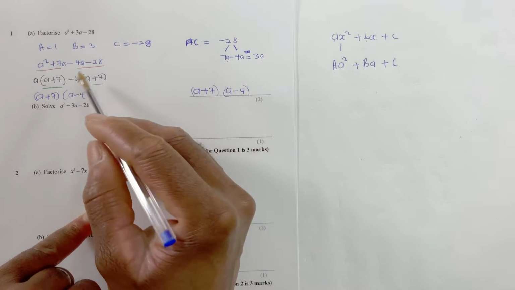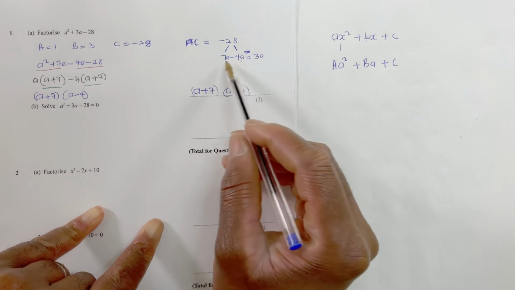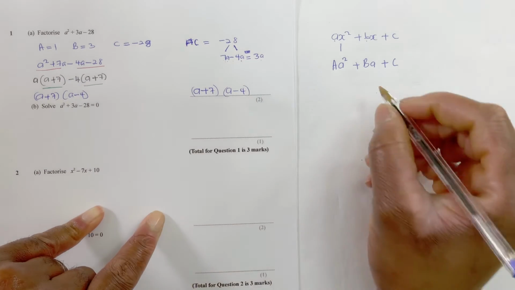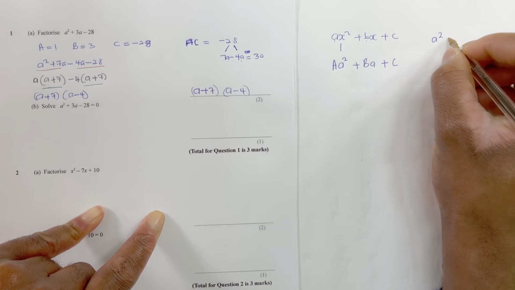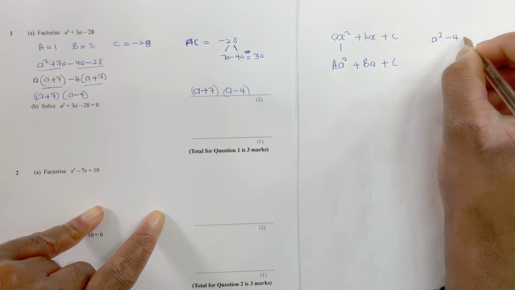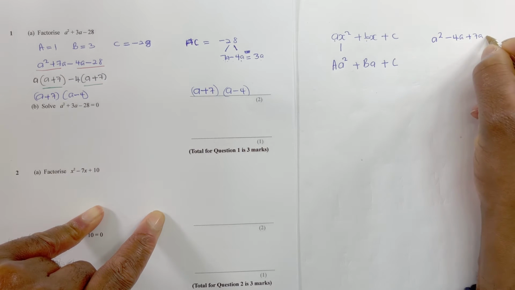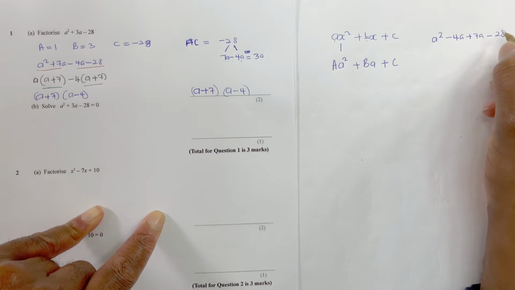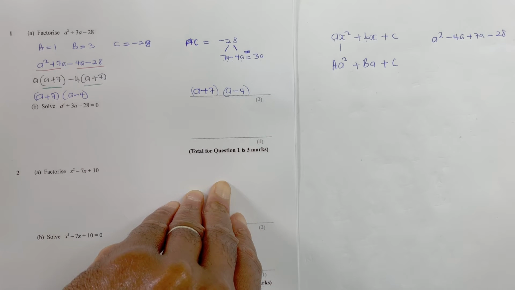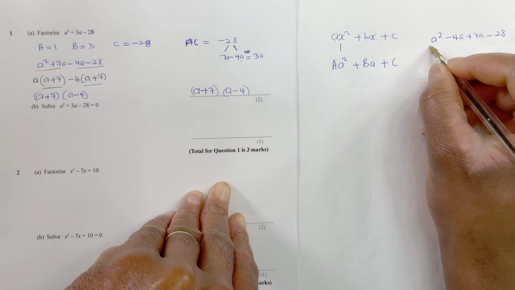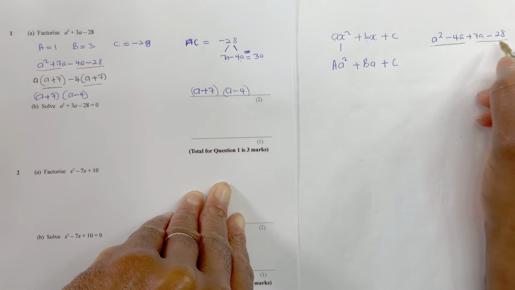Remember, when you're replacing 3A, there are two ways you could have written that. You could have also written it as A squared minus 4A plus 7A minus 28. Again, you could see there's a common factor here, and that's A. There's another common factor here, which is 7.